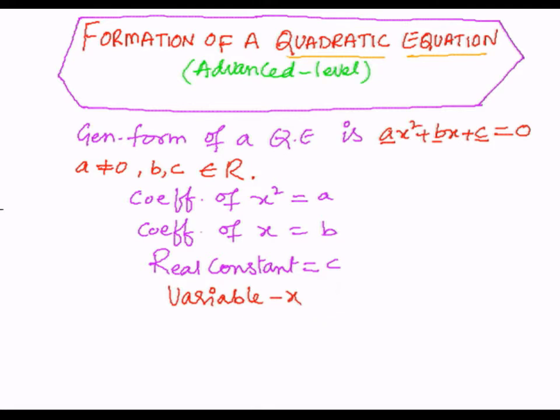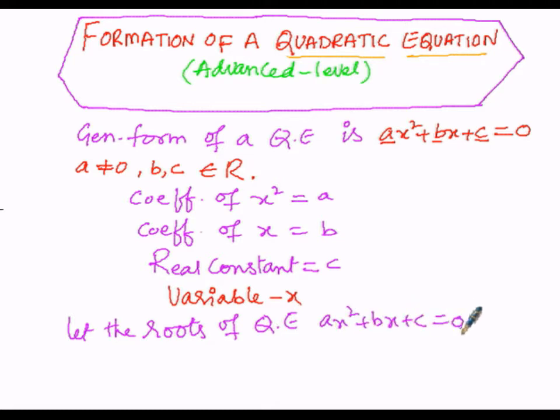Since the quadratic equation is of the second degree, it has two roots. So here let the roots of the quadratic equation ax square plus bx plus c equals to 0 be alpha and beta.